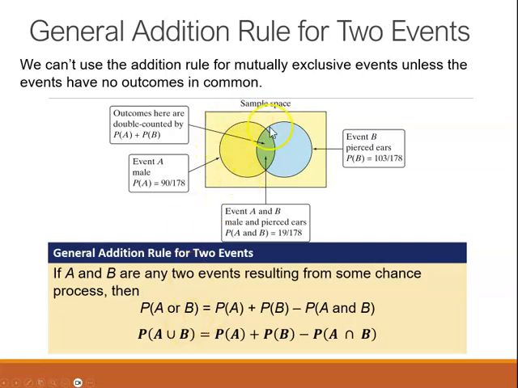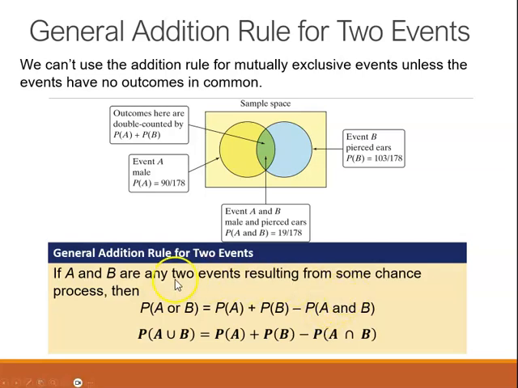Well, we can count everything in A, and then we can count everything in B. But if you notice, we've counted that intersection twice. When we counted everything in A, we counted the intersection. When we counted everything in B, we counted the intersection. So we double counted that region. So we'll just subtract it off once.